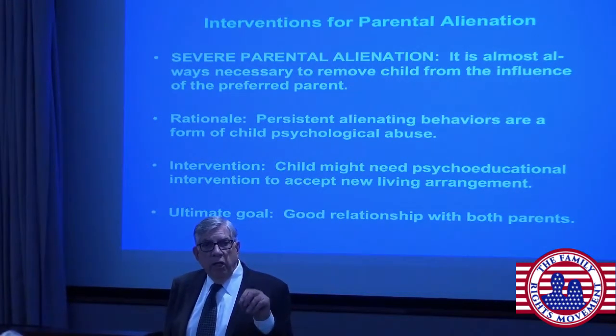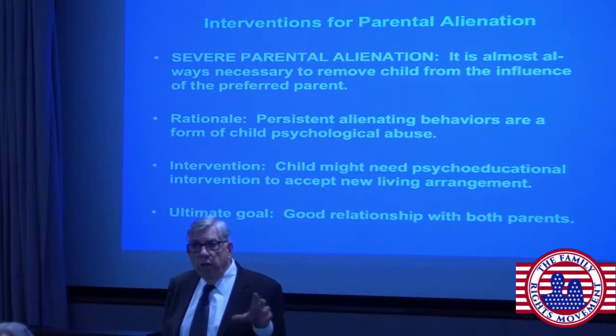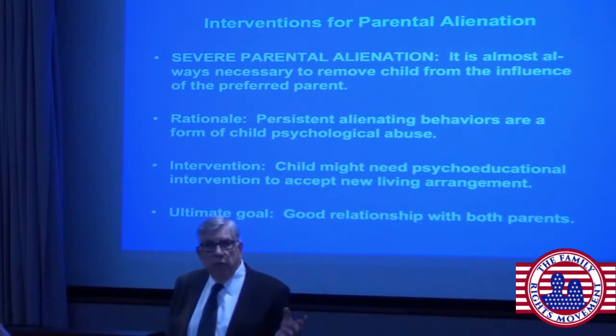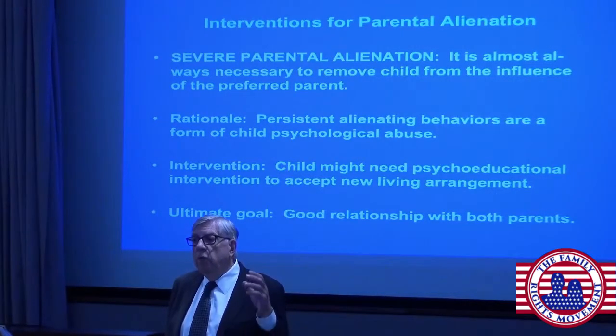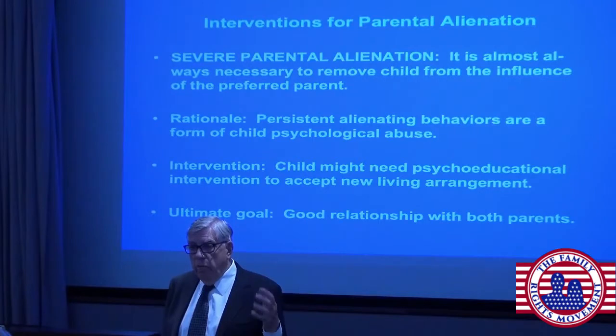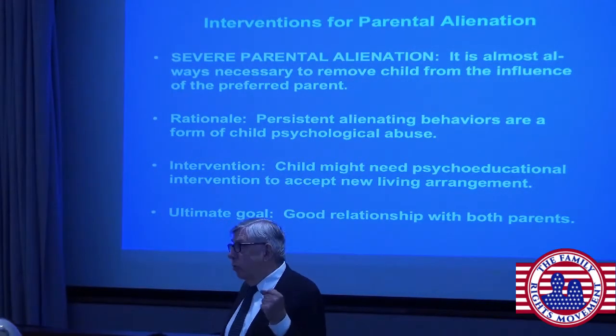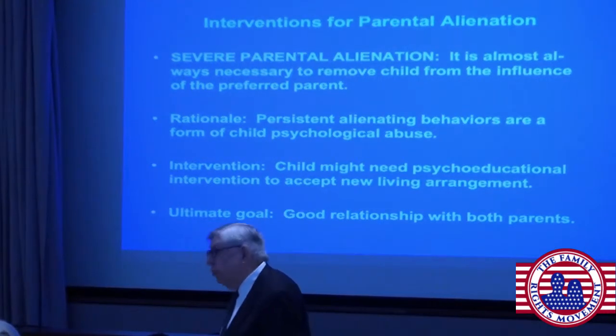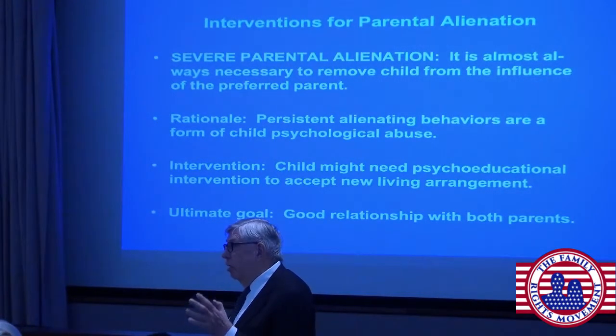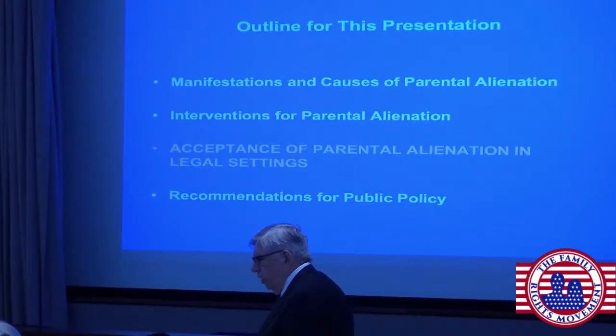In other words, if Johnny hasn't been with mom for a year and now suddenly mom has become the custodial parent, Johnny might need a transition intervention that will help him adjust to being in this new home. And usually these interventions work really well. Because underneath, the child still has an attachment with that parent, even though they haven't seen that parent for a year. So these are some interventions.